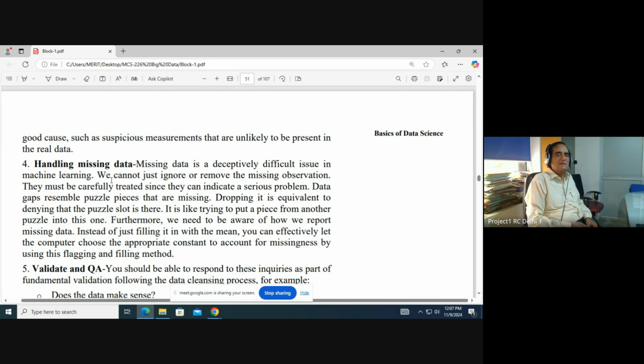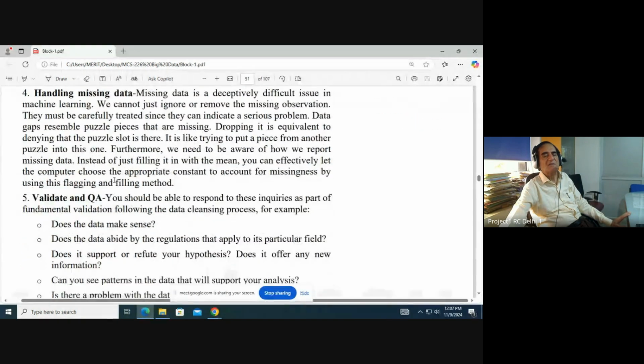Data gaps resemble puzzle pieces that are missing. Dropping it is equivalent to denying that the puzzle slot is there. It is like trying to put a piece from another puzzle into the one. So instead of just filling it in with the mean, you can effectively let the computer choose the appropriate constant to account for missingness by using the flagging and filtering methods.